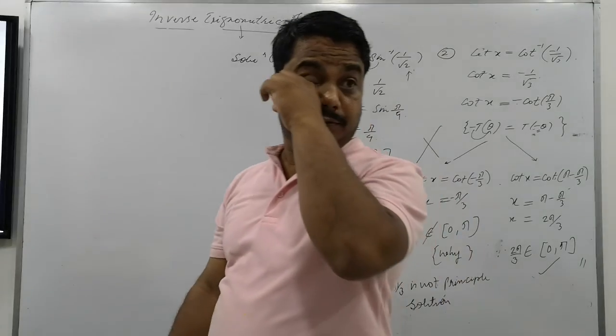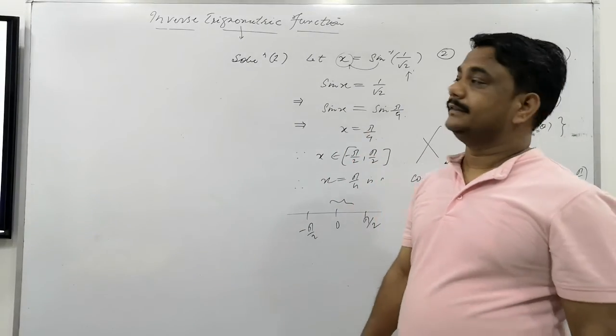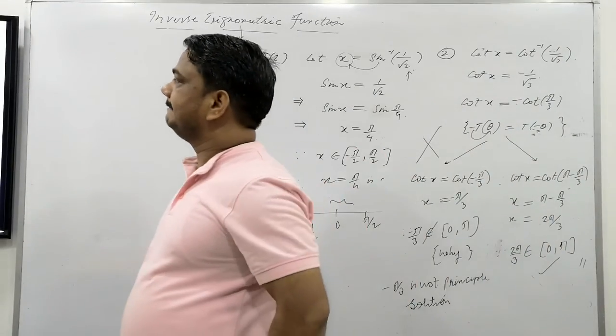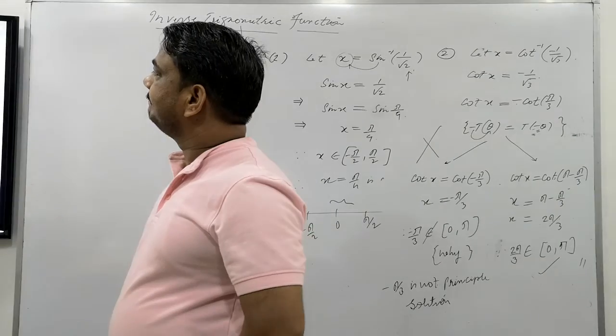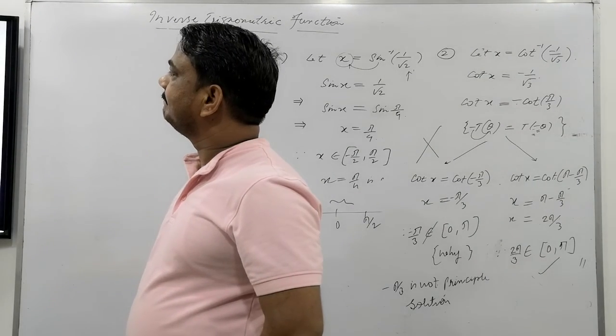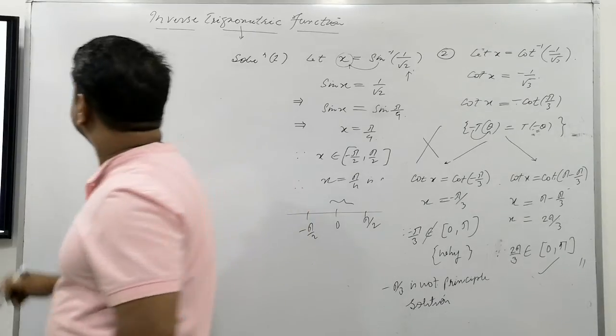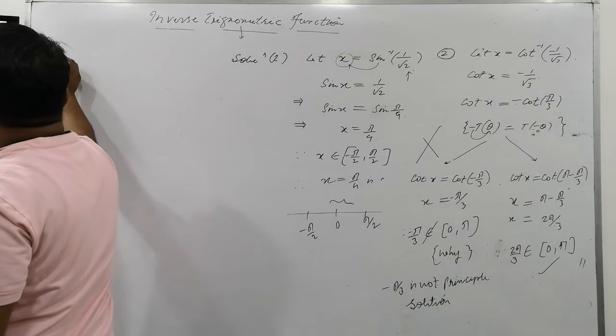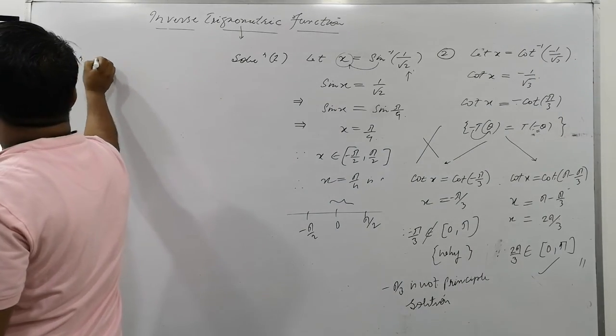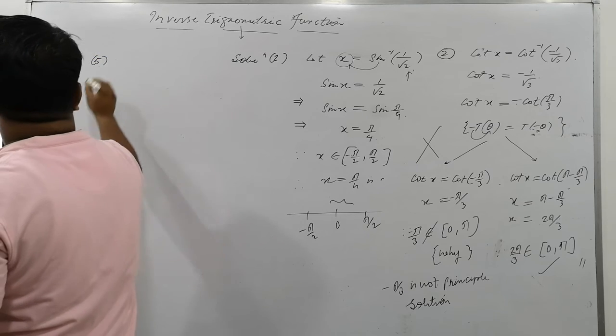Any question you want to know? Please see the screen. I'm telling the question number: cosec inverse 2. Okay, solution number 5. See the solution number.